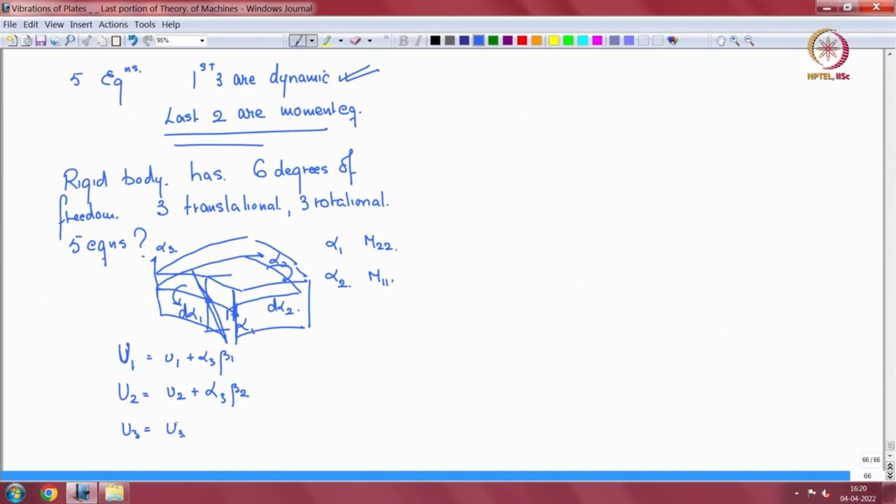Okay. As a result of this sort of kinematics, okay, if we balance rotation now about the alpha 3 direction, okay, because this is a differential element, we will only get an equilibrium equation.